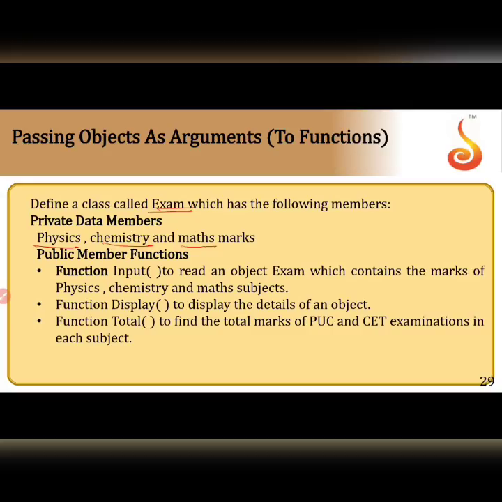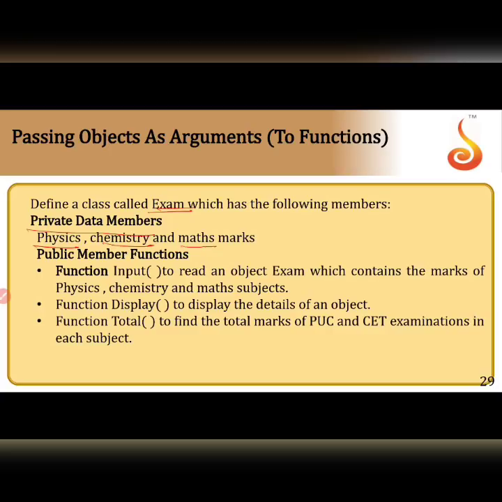So, that should be declared in the private section of my class. The next is the public member functions. So, why do I put it in public? Because if I put it in private, I will not be able to access it from outside the class. So, I need to write it in the public section.